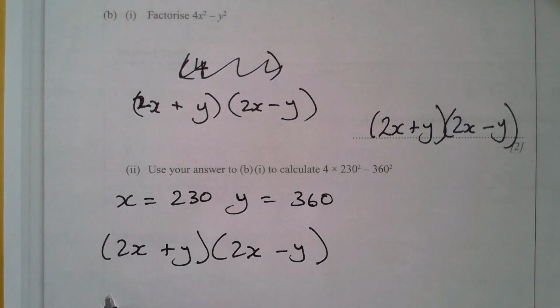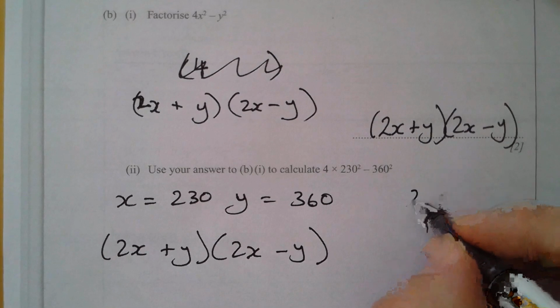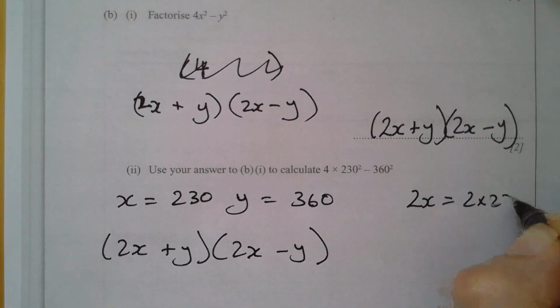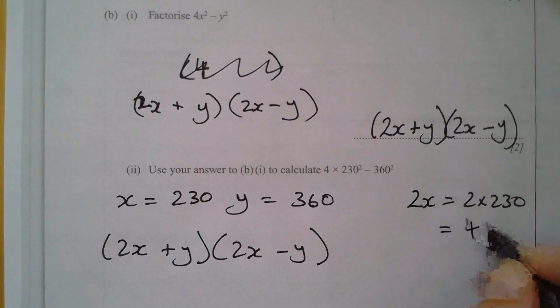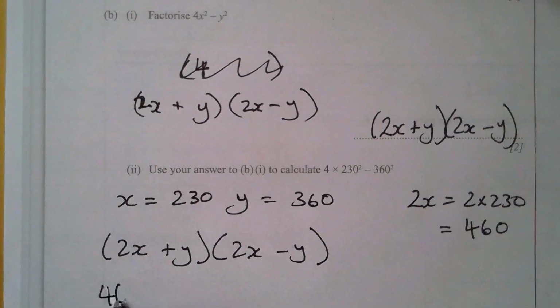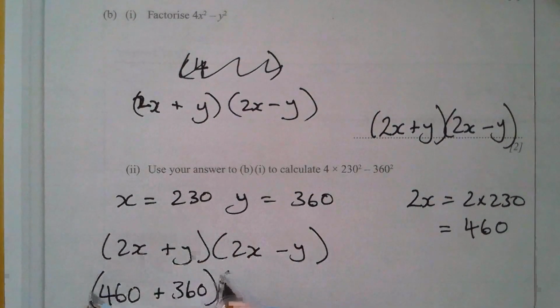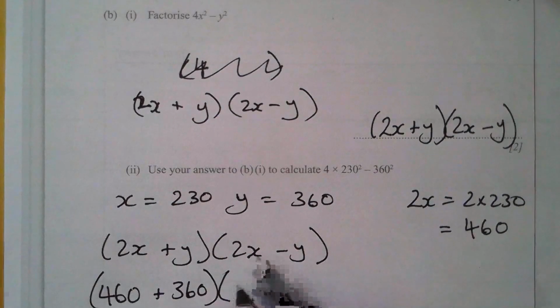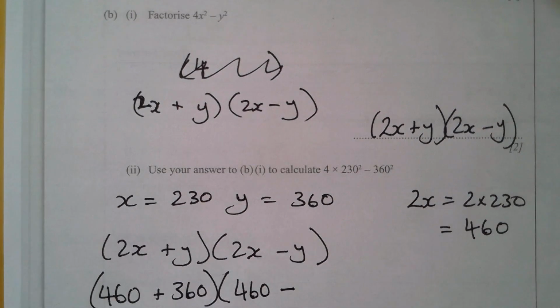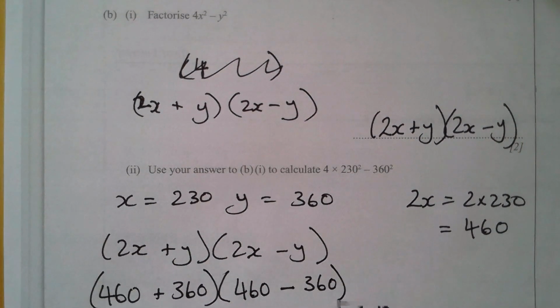2 multiplied by x, so we're looking at 2x equals 2 multiplied by 230 equals 460. So we want to put 460 in here, plus y, which is 360, multiplied by 2x again, 460, subtract 360 this time. 460 plus 360 is 7... Oh, no, it's not.